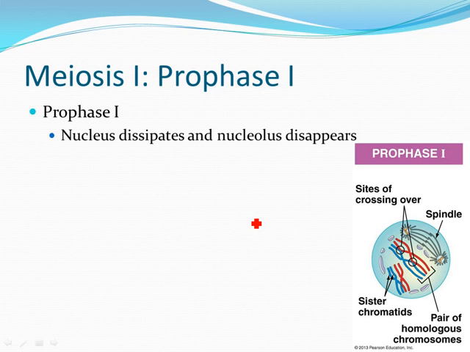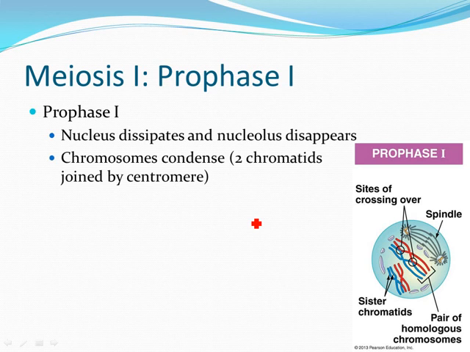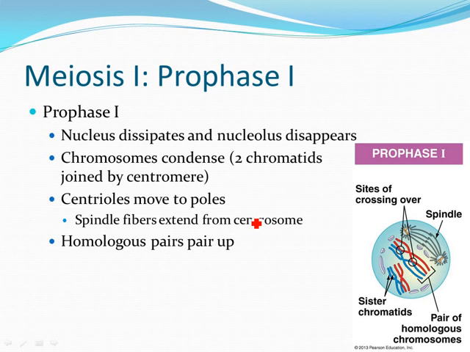You're right. Chromatin is the diffuse form of DNA. When it condenses, it becomes a chromosome, which is formed of two sister chromatids. Very good. And the two chromatids are joined together by the centromere. So we've talked about the centrioles moving to the poles too. Very good. So all this is very similar, right? All this is exactly the same as prophase when we were talking about it in mitosis.